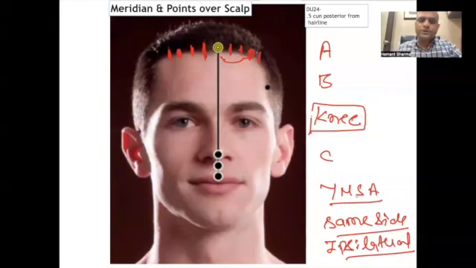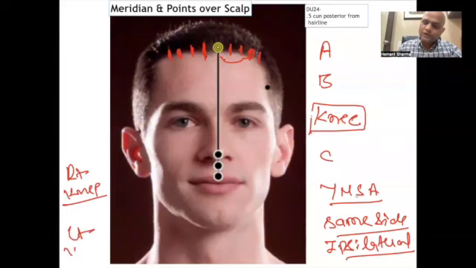But this concept is not in the Yamamoto. In the Yamamoto, we always put the point on the same side. The person is having pain in the right knee, so put the point on the right side. If the person is having pain in the left knee, put the point on the left side. Whatever you want to treat, do it on the same side.